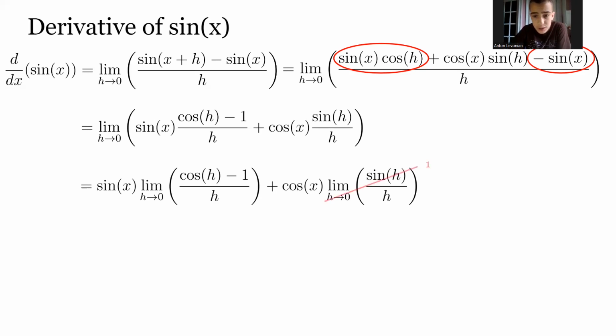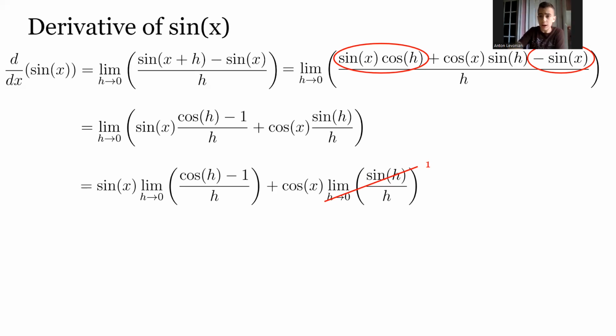So one of these limits might be familiar. This is the sine of h over h limit as h approaches 0. If you had a chance to look at the limits homework, this was one of the problems on there. In the homework, they ask you to prove that this limit is equal to 1 using the squeeze theorem that we also talked about in the second class lecture.